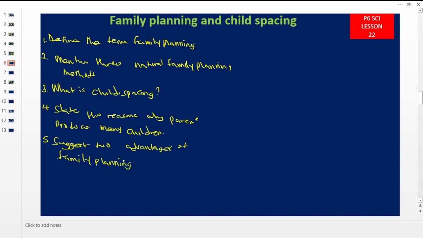Number 6, identify 4 methods of artificial family planning. Number 7, how should we reduce infant mortality rate?